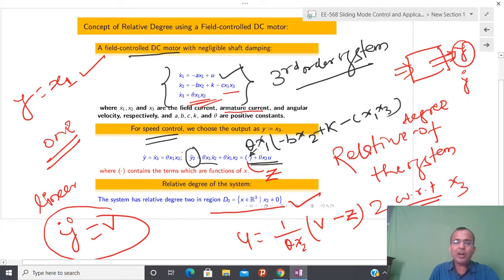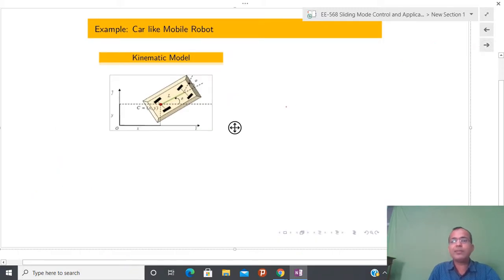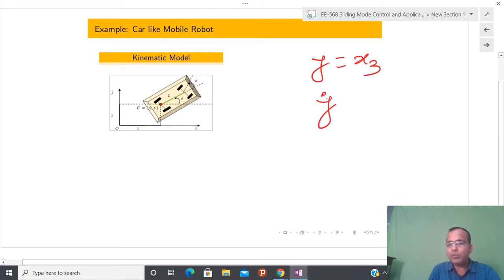Yes. Now suppose someone says that I know each and every parameter of the motor. That is not a realistic assumption. So in this case, even if I do not know each and every parameter, I am going to select y equal to x3, and after that I am going to compute y dot.